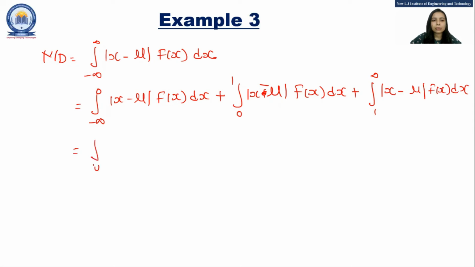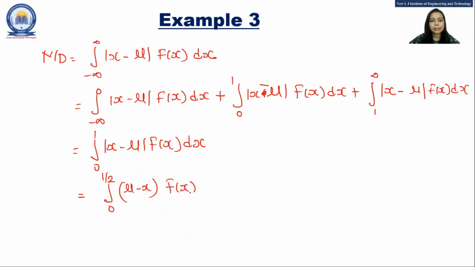So this is equal to integration from 0 to 1 of mod x minus mu f of x dx. So that is equal to 0 to 1 by 2 of mu minus x f of x dx plus 1 by 2 to 1 of x minus mu f of x dx.